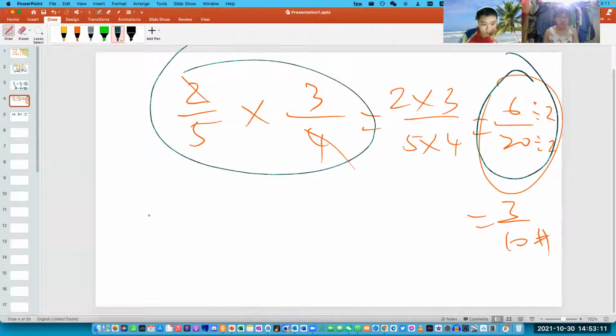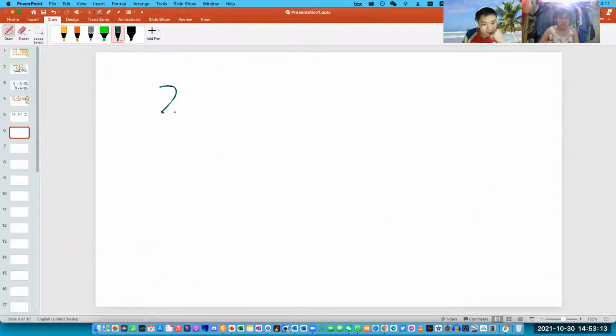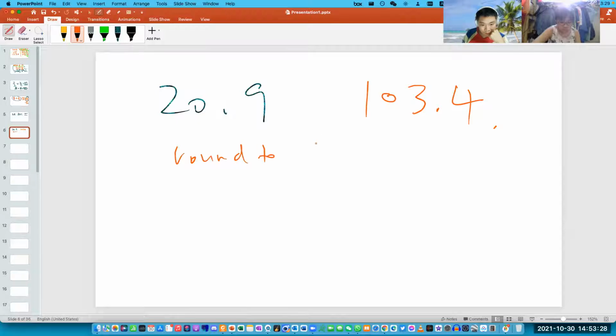Same thing last time, I remember. I give you this. I asked you to round to 10. So you round to 10, you put here, or you put here.